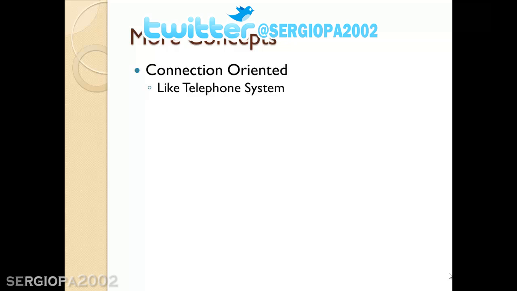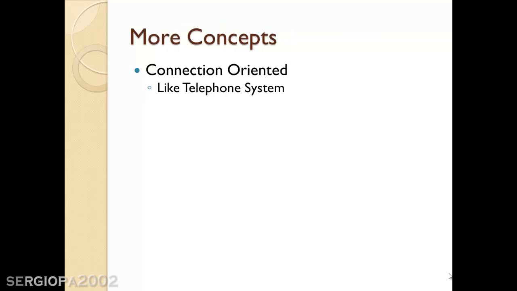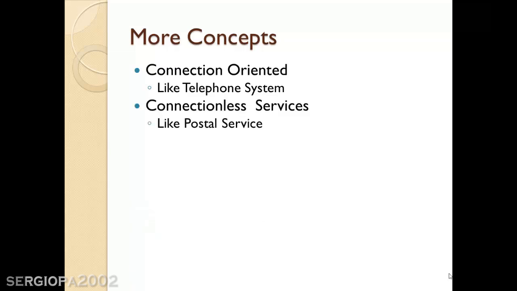You create a point-to-point connection between the sender and the receiver, and once that link is created, communication starts. Now there are also connectionless services, and that can relate to the example of the postal service.